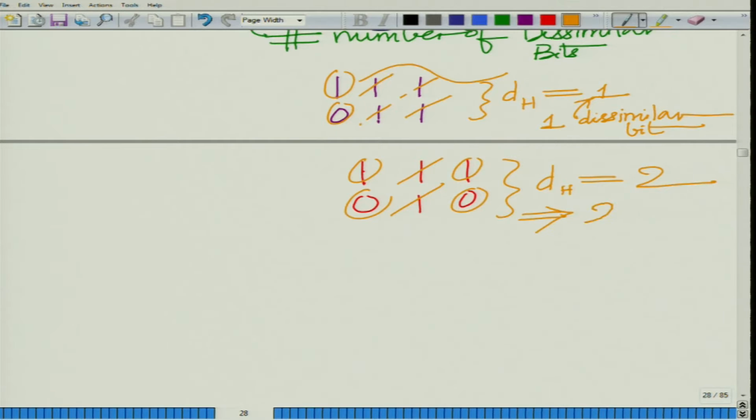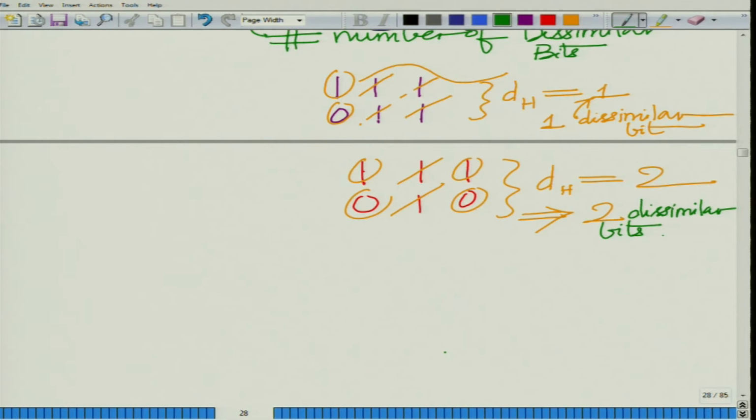This basically implies 2 bits differ, 2 dissimilar bits, let us put it that way.